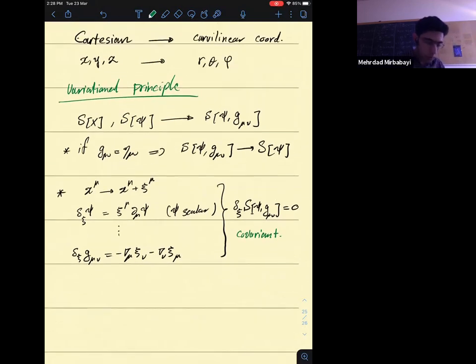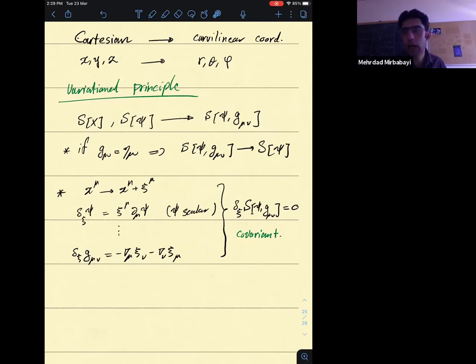If we do that, then we automatically get the equations. If we vary this new action, which was constructed with these rules, then the variation automatically gives us the correct equation of motion in any coordinate system.